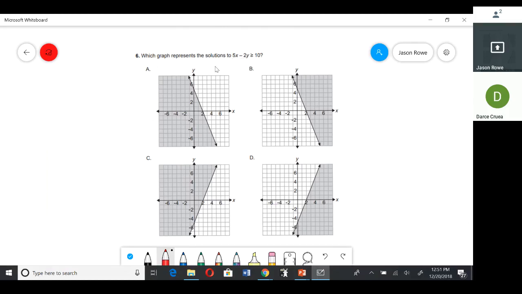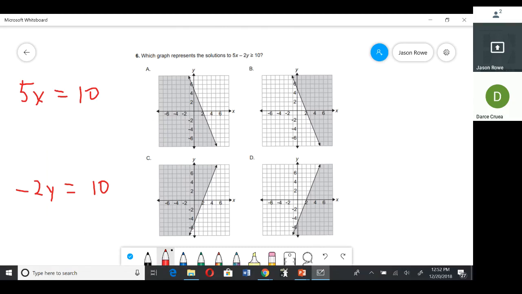Well, we talked about graphing, and this is in standard form, so we can look at the x and y intercepts. Right. So we got 5x, and I'm going to set up a little equation. 5x equals 10, because if it's the x-intercept, then the y value is 0, so that y term drops out. And to find the y-intercept, we plug a 0 in for x, so that 5x drops out and gives us negative 2y equals 10.